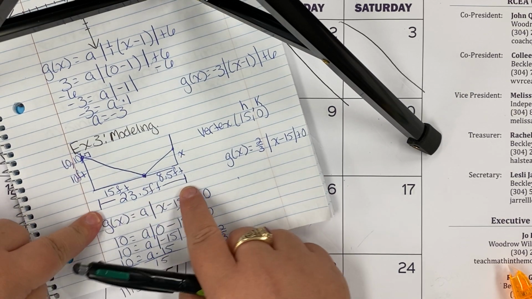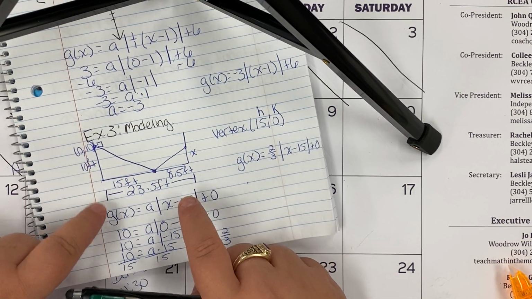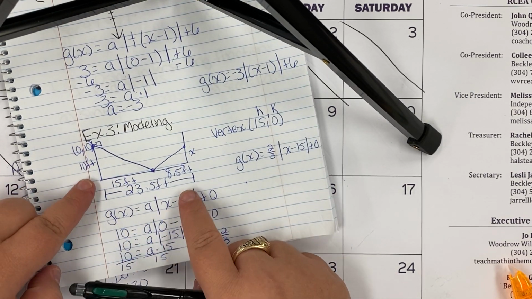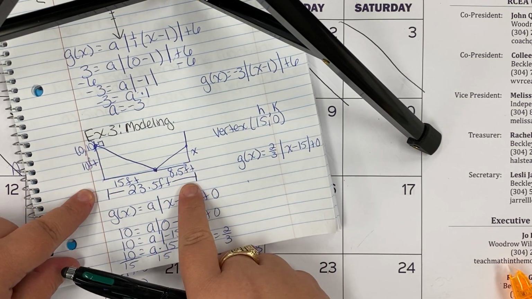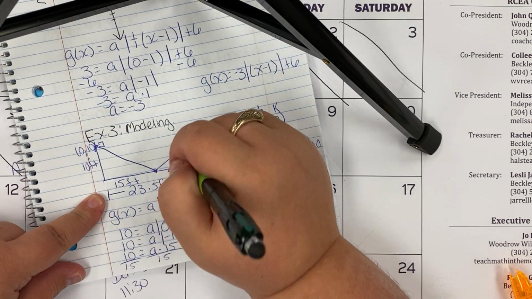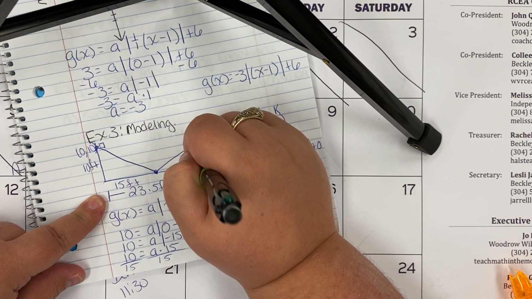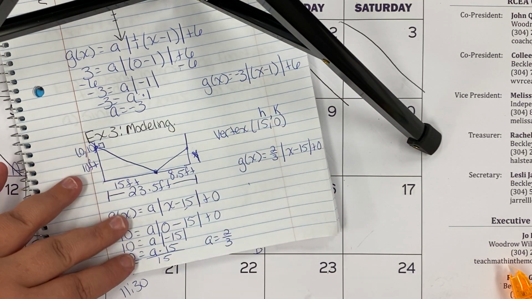So that's why that distance of 23.5 feet comes into play, because I want to know how high, that's my x value, how high this is. So we'll just call this y instead of x. We want to know how high that is.